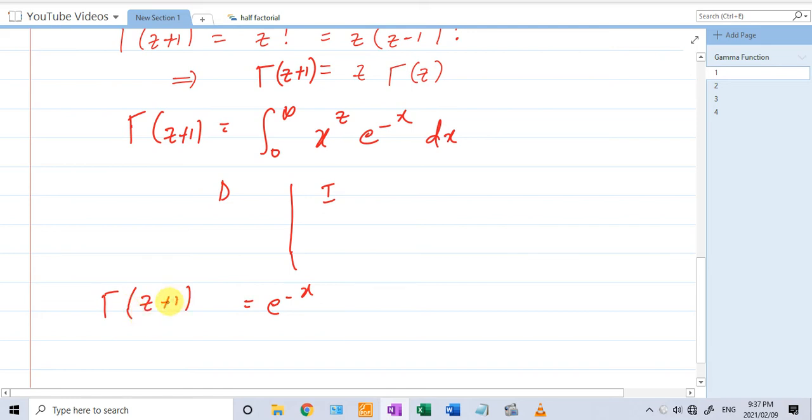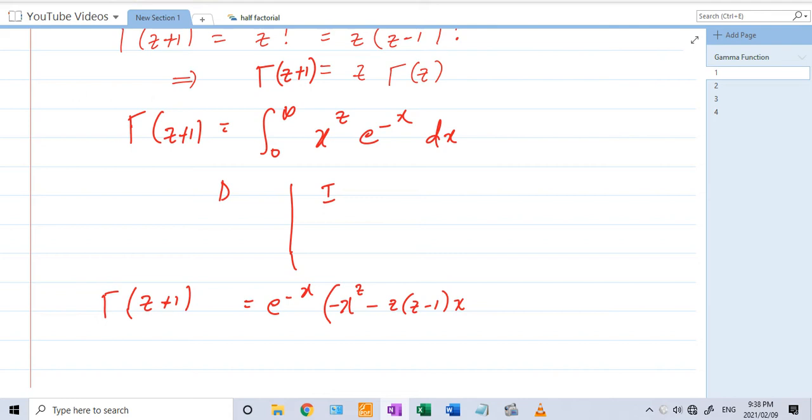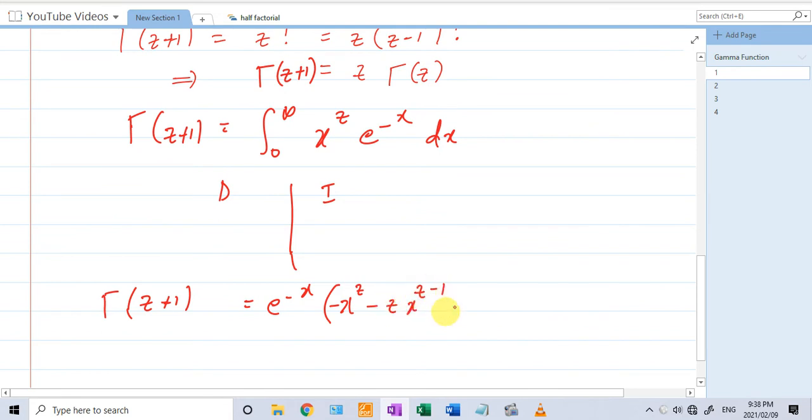You can factor out e to the power negative x, and what you will have inside here is a bunch of x to the power z, all negatives, minus z into z minus 1. Sorry, the first derivative will be negative z into x to the power z minus 1.